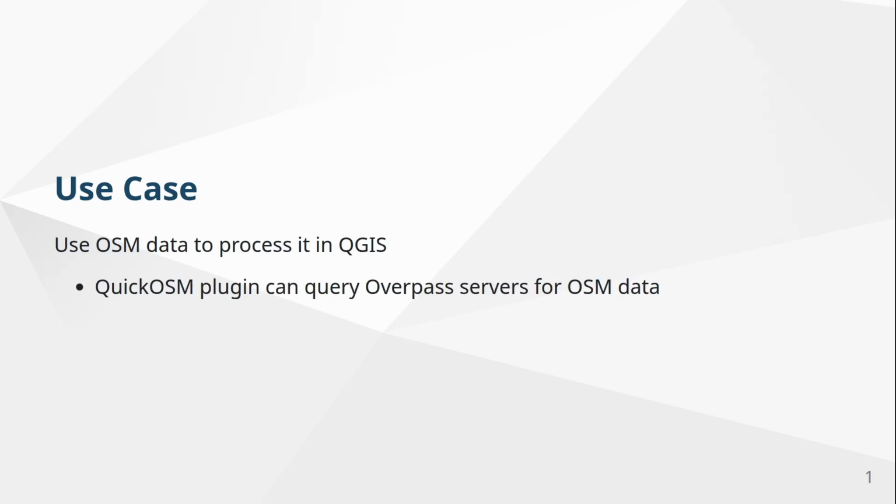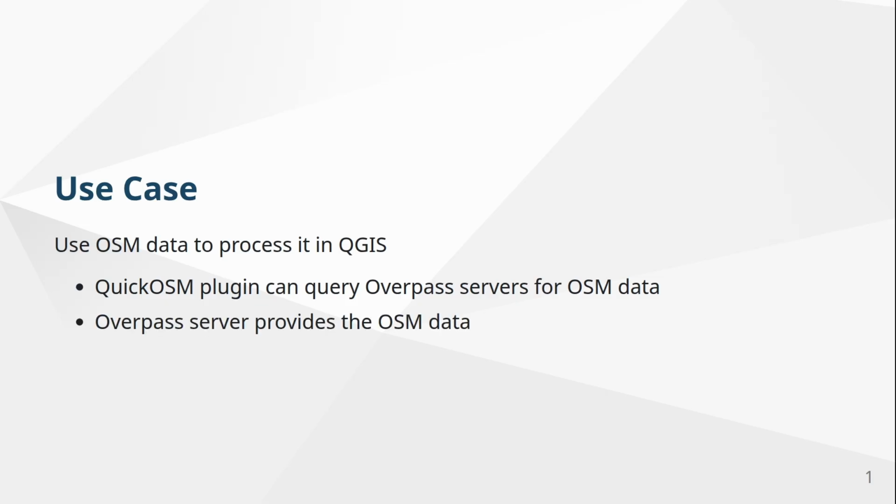So normally there's an open source plugin. It's called QuickOSM. You can download it and install it. It's free, and with QuickOSM you can query Overpass servers and import the OSM, the OpenStreetMap data, and then process it in QGIS, like draw maps or do analytics, whatever your use case or your project is.